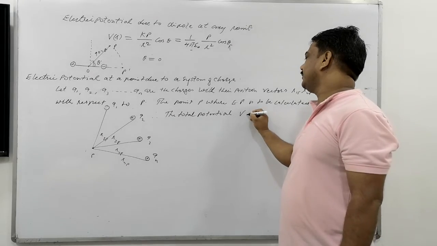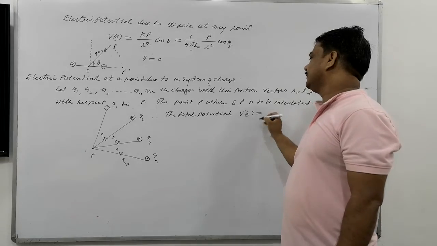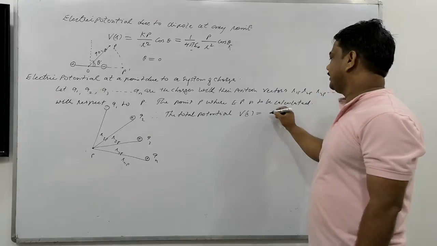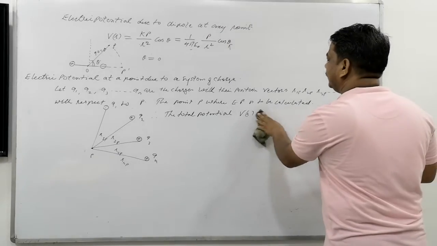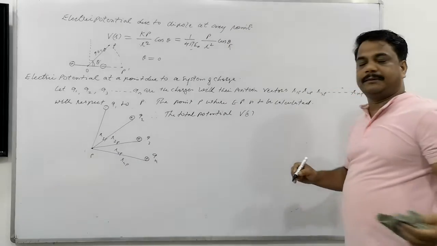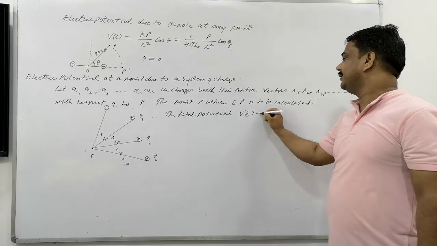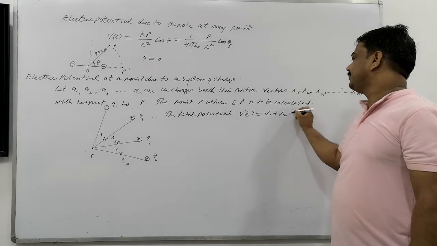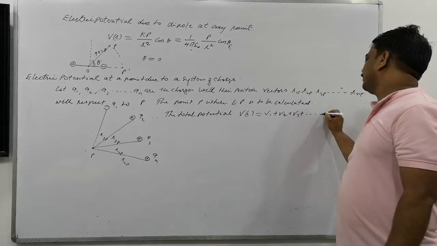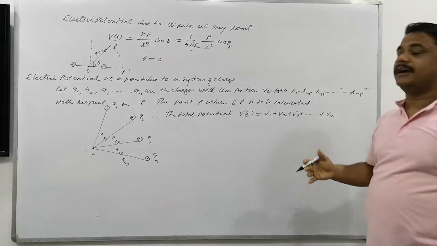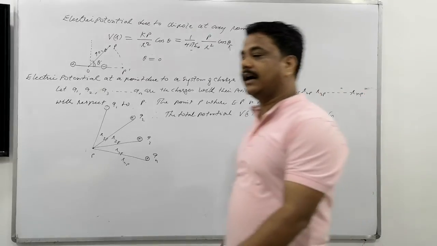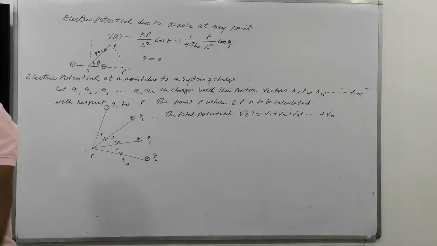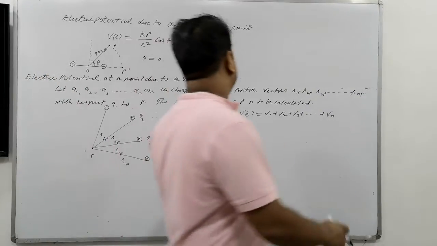What will be the total potential? We are representing it as V. So the potential at P is V1 plus V2 plus V3 dot dot dot plus Vn, where V1, V2, V3 up to Vn are the potentials due to the different charges present here. Clear?